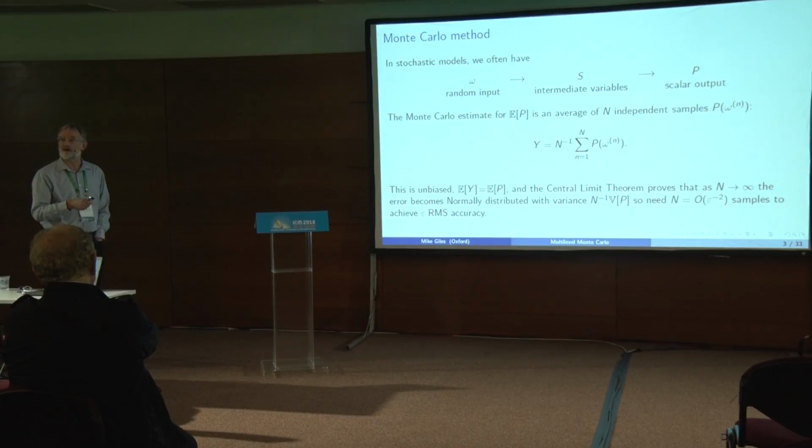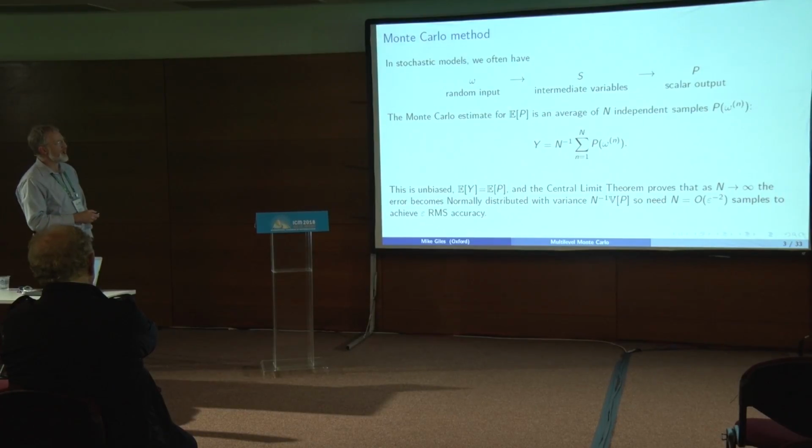And that's why, although Monte Carlo has been used a lot historically for areas like stochastic differential equations, when we get into stochastic PDEs, in the past it's been viewed as being prohibitively expensive. And this is what multi-level is really addressing, trying to improve that.